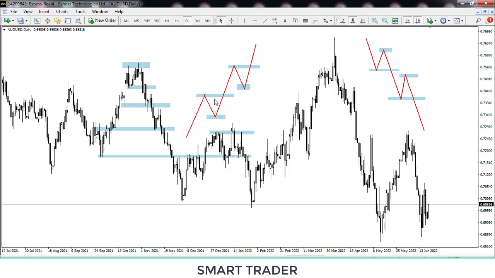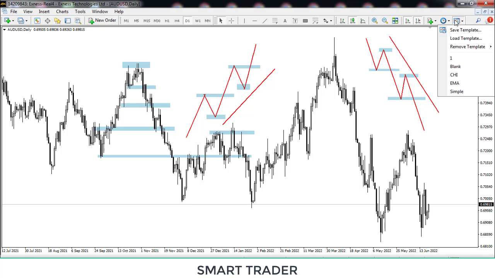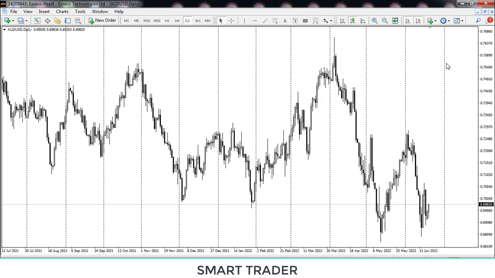Okay, this is a high probability trade. It's trading with the trend, with the uptrend, with the downtrend. This is when you are new. I suggest you trade with the trend.